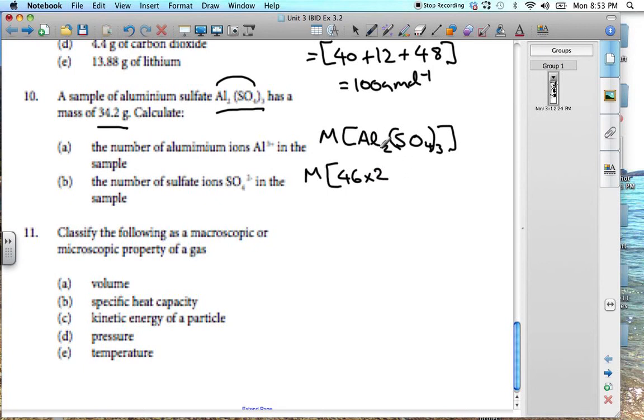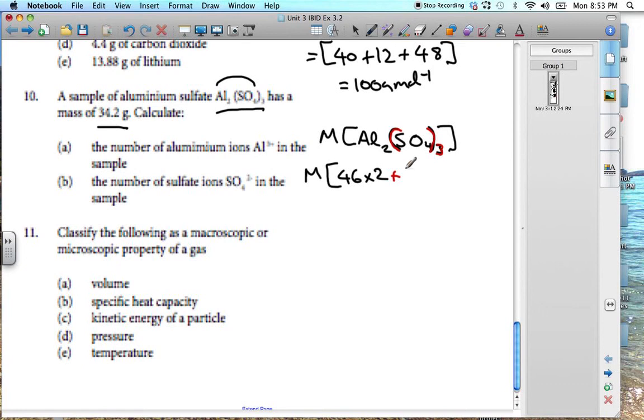They've actually got 2 aluminium atoms. You see this little 2. It contains this 3 over here on the outside, basically telling you you've got 3 of the sulfate, or SO4. So you've actually got 3 S's, 3 sulfate, and you've actually got 12 oxygens here. So it's going to be plus sulfur.